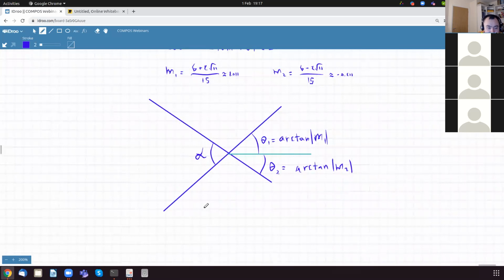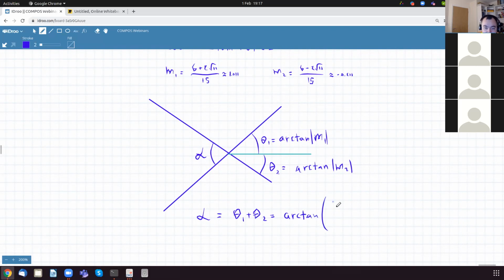And alpha, the angle that we're looking for, is θ1 plus θ2, which is arctan of (6 plus 2 root 11) divided by 15, plus arctan of the modulus of a negative number, which is minus that number: minus (6 minus 2 root 11) divided by 15.